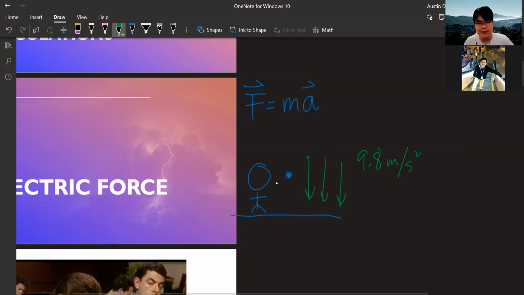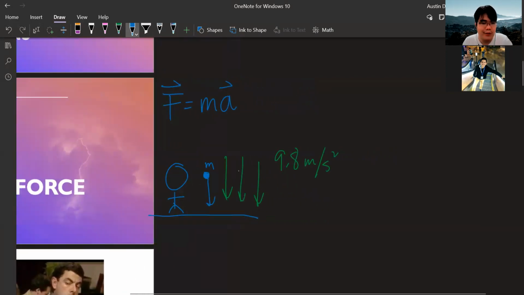If you dropped this, pag binitawan mo yung batong to, yung mass na to, it would not stay there, di ba? Babagsak siya. It would go in the direction of the acceleration, which is 9.8 meters per second squared.